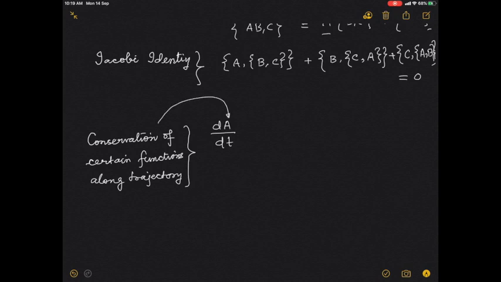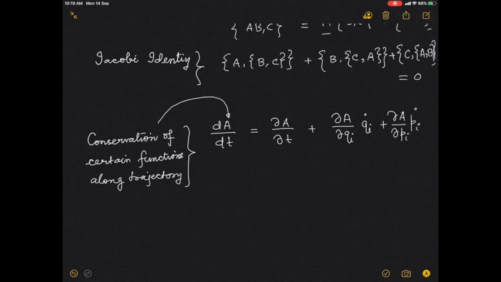So A is some function, and I want to ask a question: how does it change along a trajectory? So obviously this is del A del t plus del A del qi times qi dot, plus del A del pi times pi dot. So I have a summation over i in the last two terms.